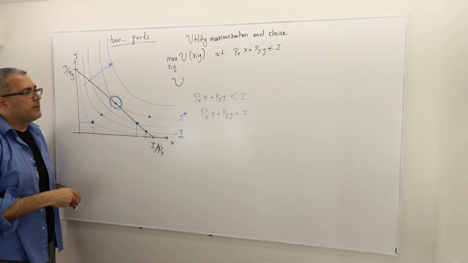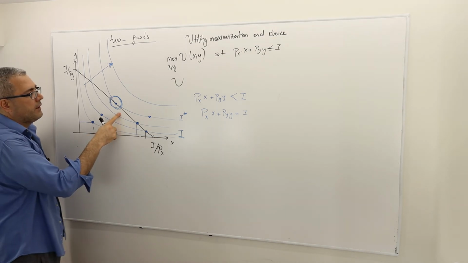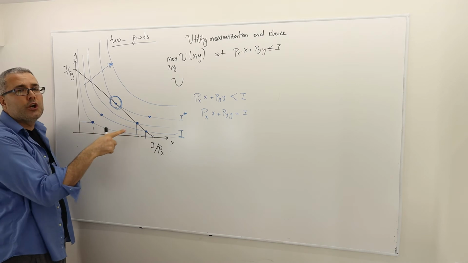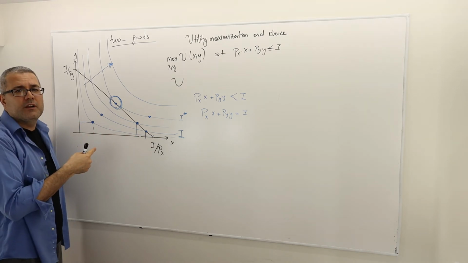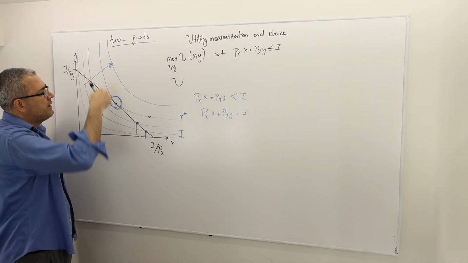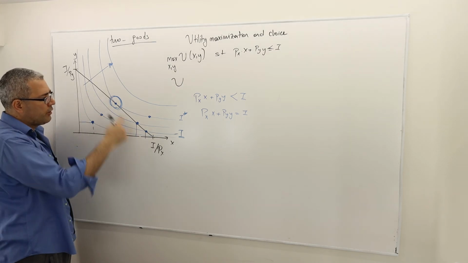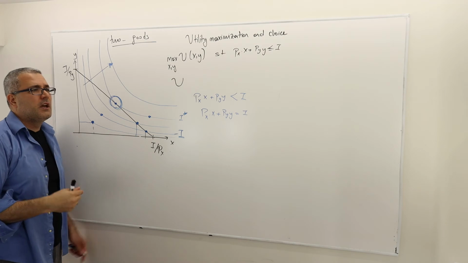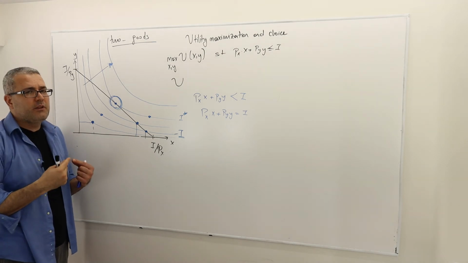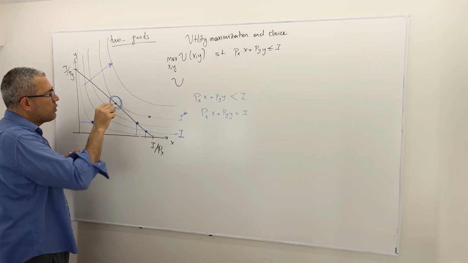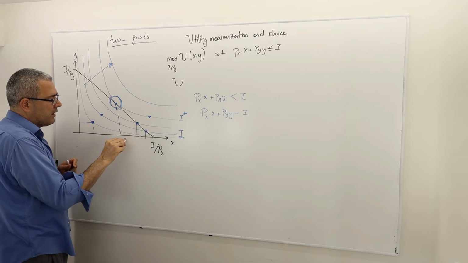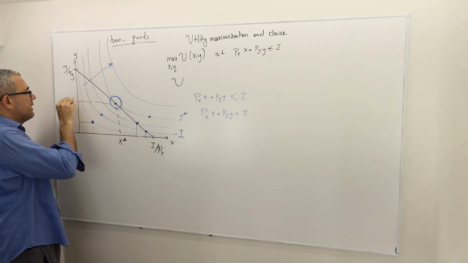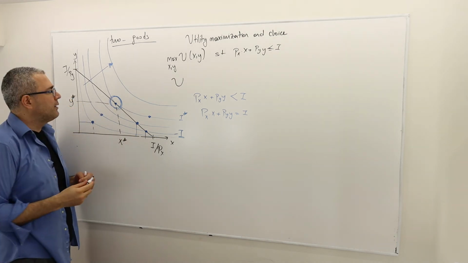Well, kind of simple. If you look at this carefully, there are two curves that are tangent to each other, right? One curve is the indifference curve, and the other curve is the budget line. So what does tangency mean? If two curves are tangent to each other at some point, let's call this point X star, Y star, because they are the optimal.